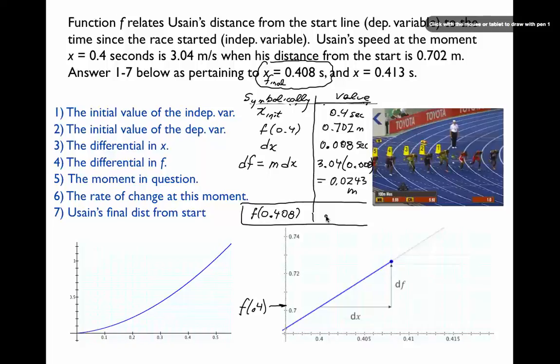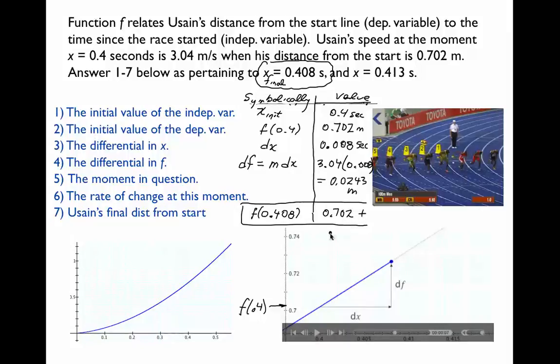Initial plus the change. Initial was? Remember this? See, this is important. That's why we worked on it. So initial, which would be f of 0.4, is our initial, plus how much it changed.